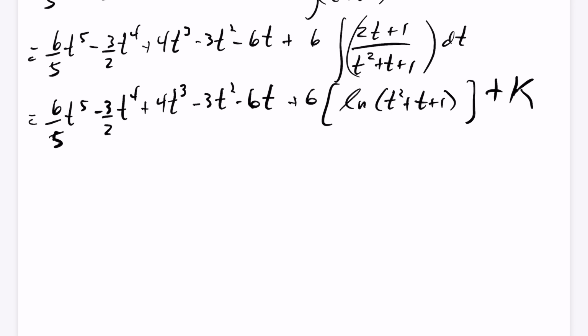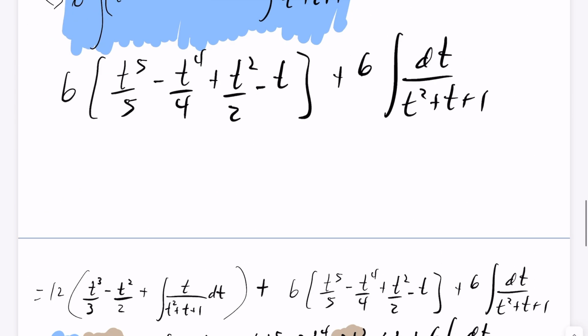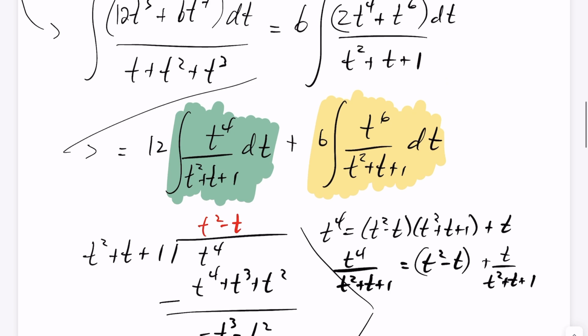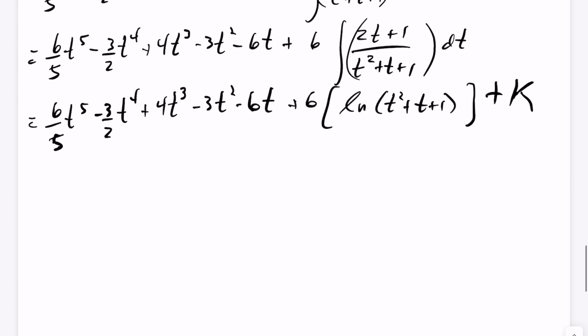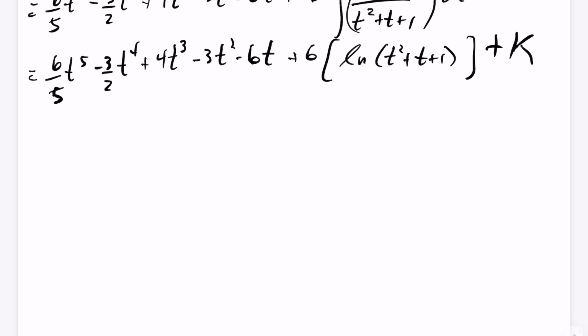So if you remember, long ago we did a substitution. We let t equal all the way back here. This was a monster question. t was the 6th root of x. So I'm going to sub that in here. So this is all the 6th root of x. This is going to be 6/5 x to the 5/6 minus 3/2 x to the 4/6, which will be 2/3, minus 3.